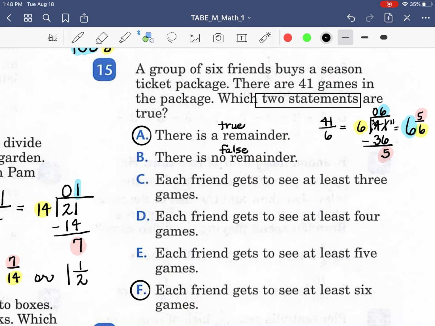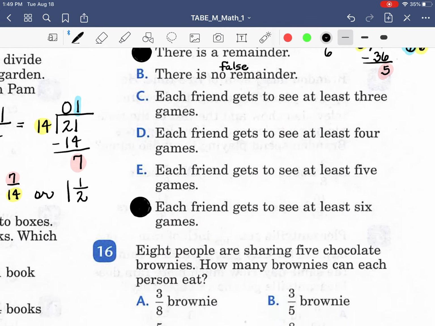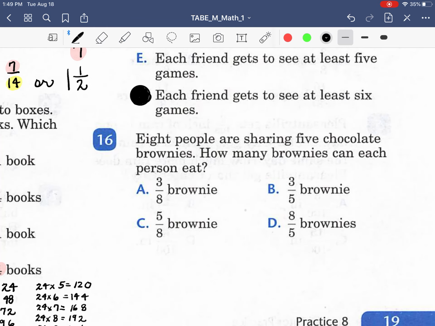They're looking for this: each friend gets to see at least 6 games. So there was a remainder, and each person will get to see at least 6 games. It's not my favorite question. I could argue about those answers. B is definitely false. There was a remainder, so that one can be eliminated.